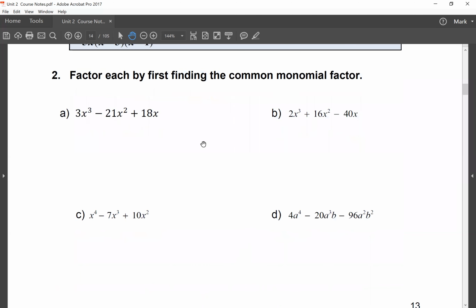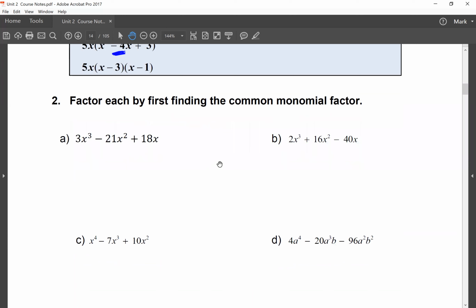So why don't you guys try these? I hope I'm not going too fast or anything, but I'd like for you guys to try these. Start by removing a GCF. So let's look at example A for practice. In example A, I have 3x cubed, 21x squared, and 18x.